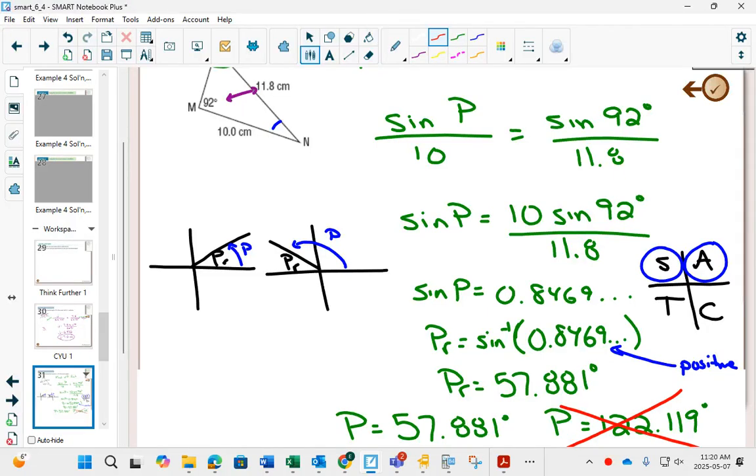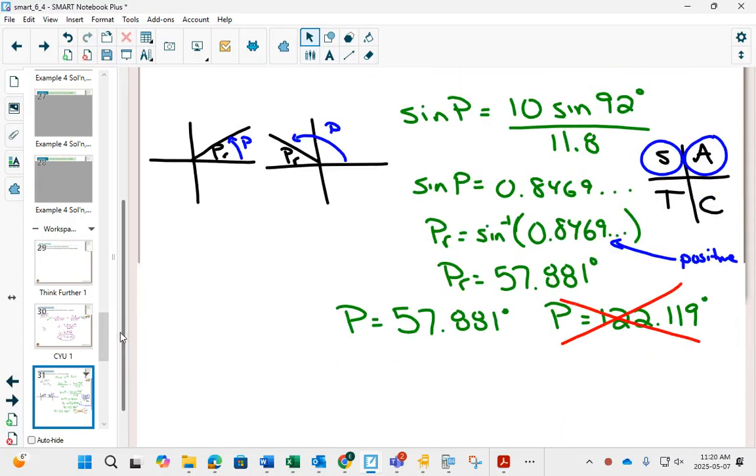Because 122 plus 92 is a lot more than 180. It's already more than 180. So if it's not going to work, the bigger one for sure will make your triangle more than 180. Mathematically, both of these work for sine. But in our situation of an actual triangle, only one makes sense. So then P has to be 57.881.